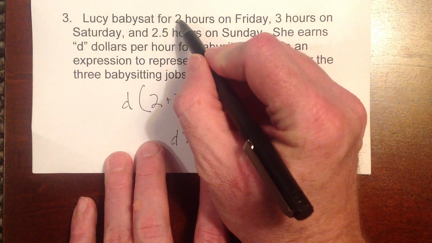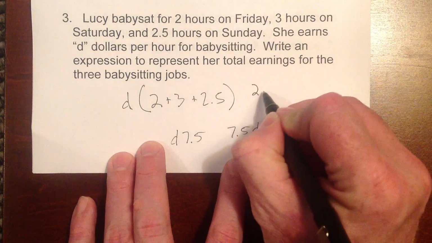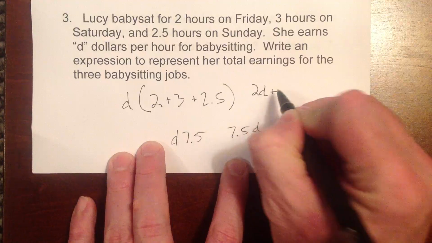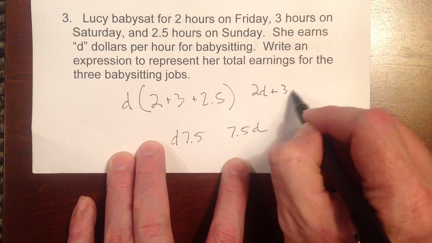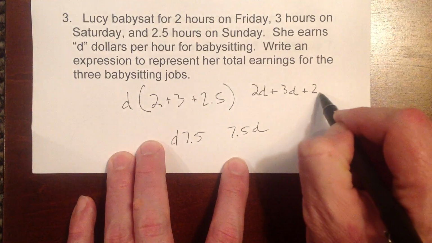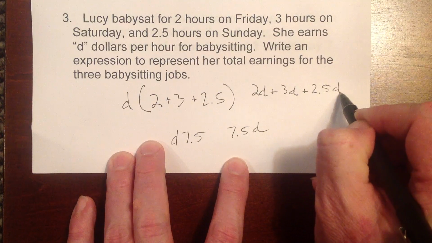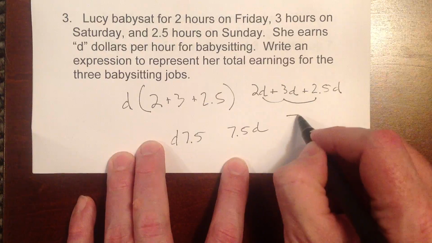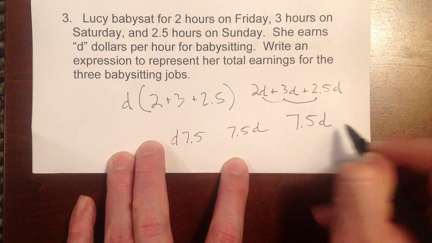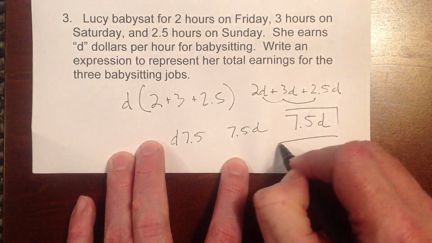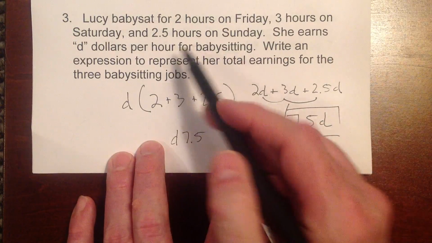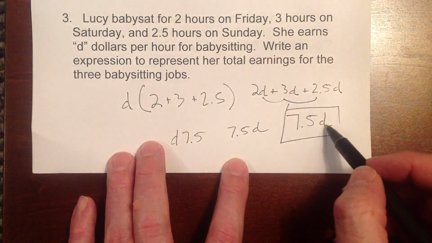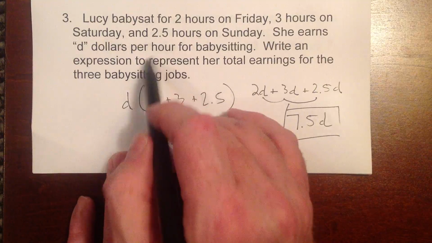How many dollars an hour does she earn for 2 hours? 2D plus 3D plus 2.5D. And if we combine like terms, and we can combine all 3 of these, we would say 7.5D. 7.5 for the number of hours she worked times D for the dollars per hour she gets.